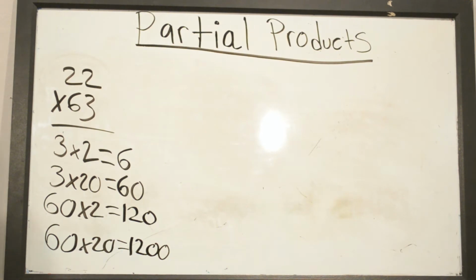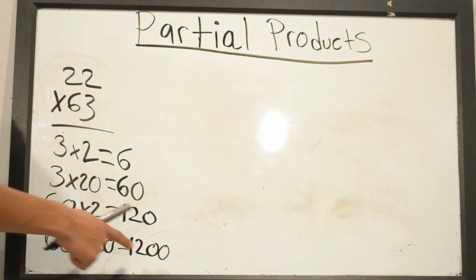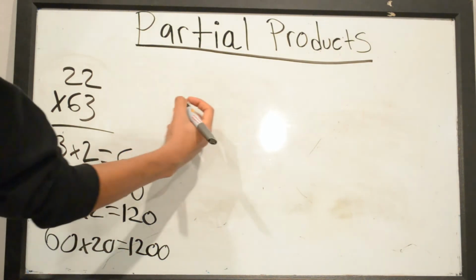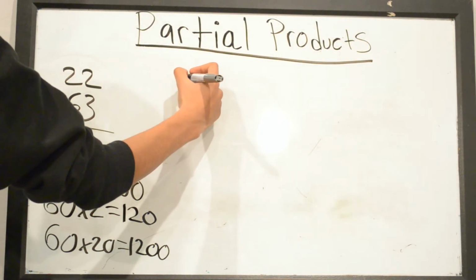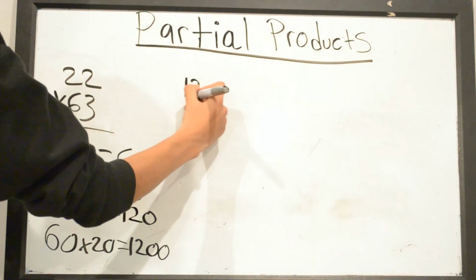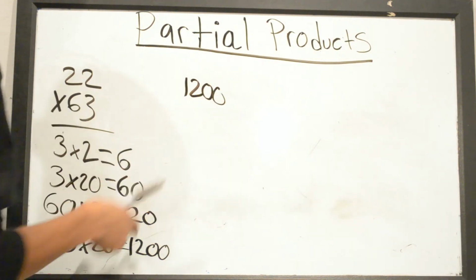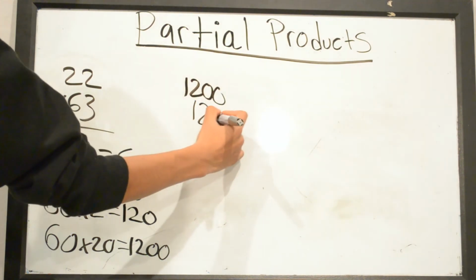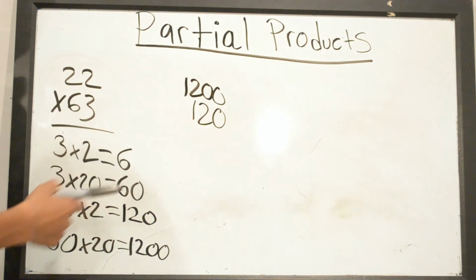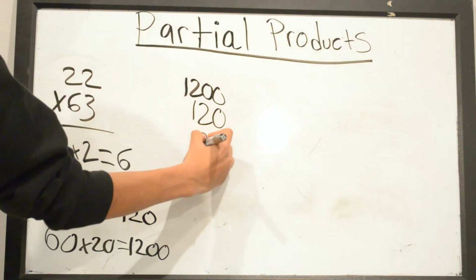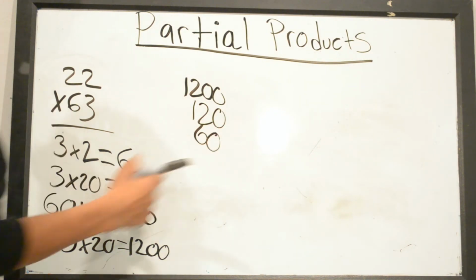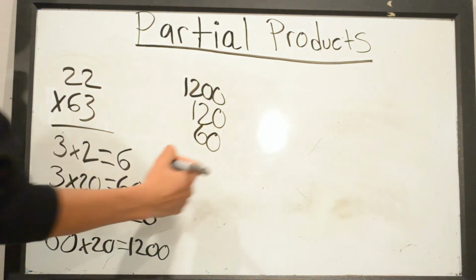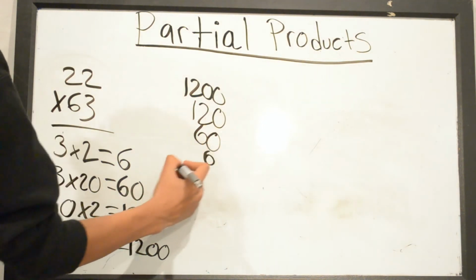Now, for our final part, we have to add them from greatest to least. So we put 1,200 first, because that's the greatest. 120, because that's the second greatest. 60, because that's the third greatest. And 6, because that's the least.